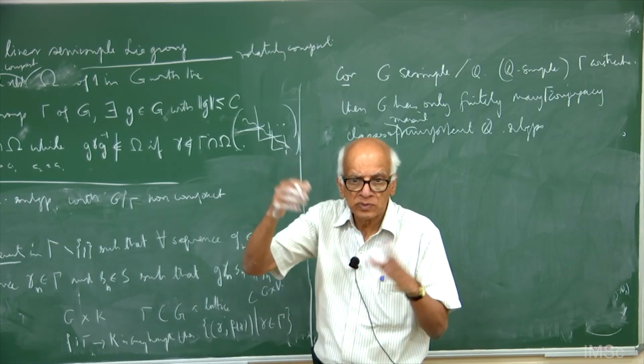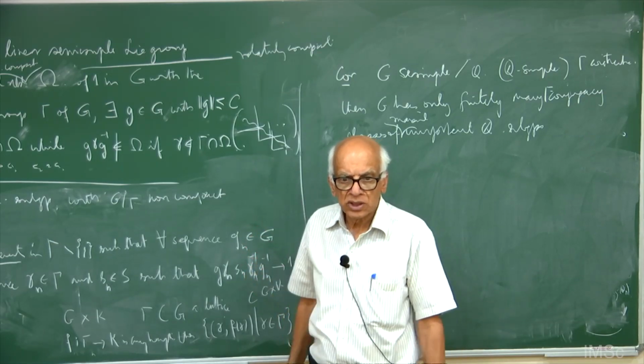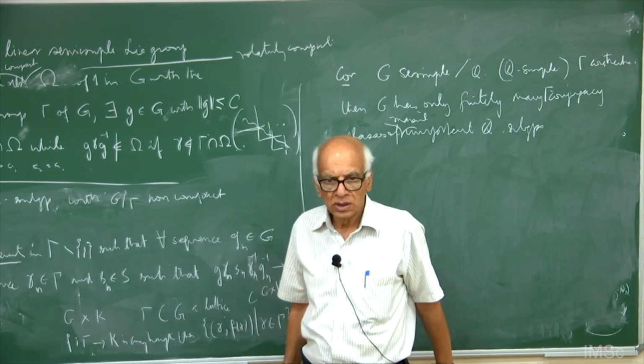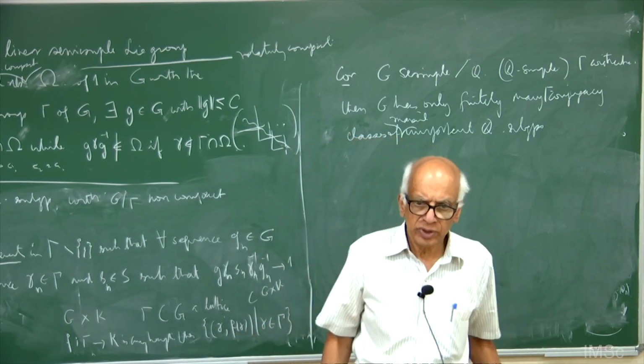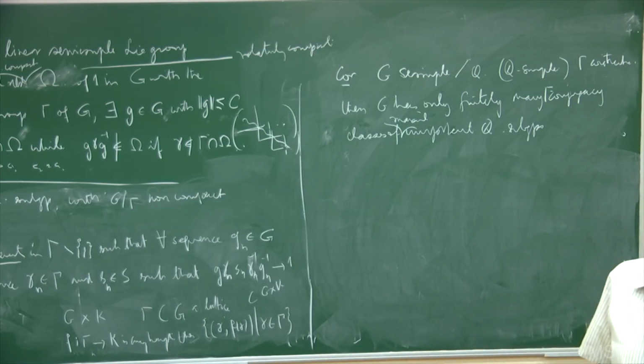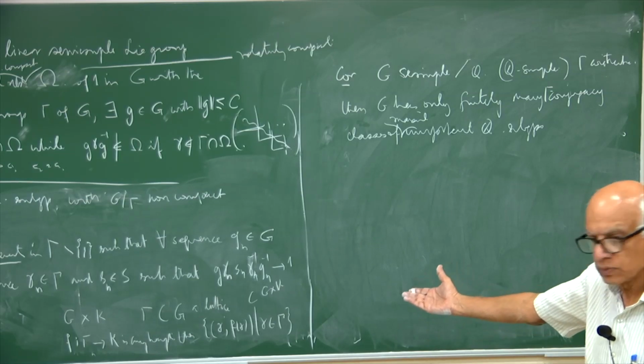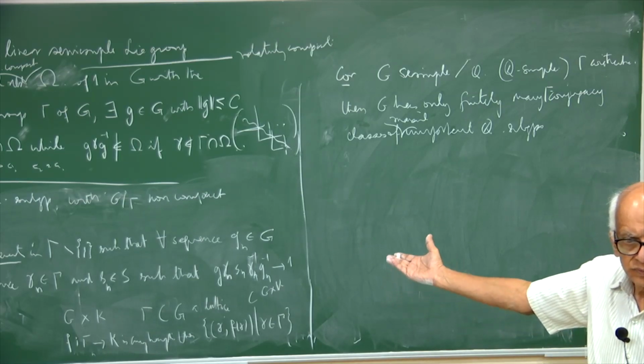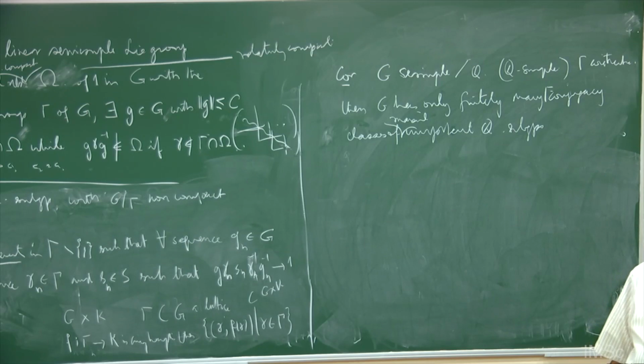The diagonal will project onto a discrete subgroup in G. It will project to gamma in G. Okay, so it's not a problem.